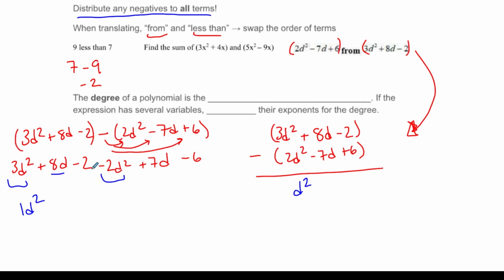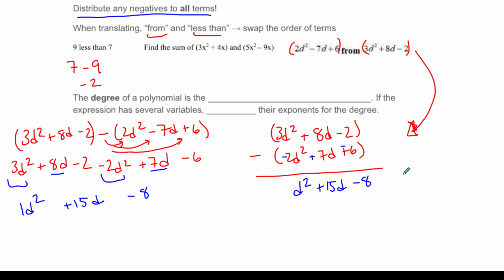8d plus 7d minus a negative becomes 15d. Okay, and then negative 2 minus 6, negative 8.